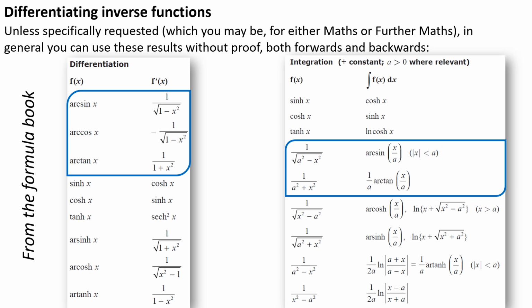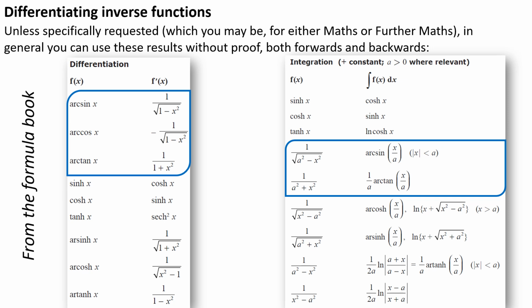If you look carefully, you'll see some other functions there that look very suspiciously similar to the trig functions we're used to, but they've got an h involved. So sine with an h at the end or cos with an h at the end. Those are called the hyperbolic trig functions, and you'll cover those properly when you look at hyperbolic functions. But you'll notice that a lot of the time the structures are going to be similar. So we will review and revisit this page of integration and differentiation results when we look at that chapter.